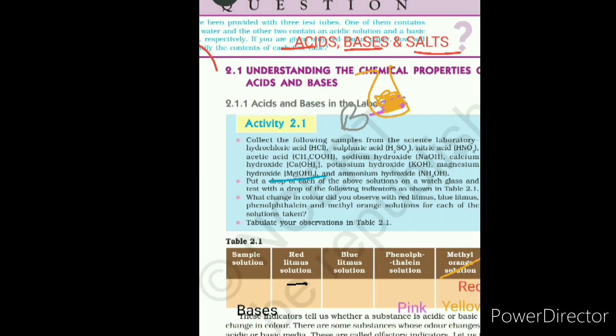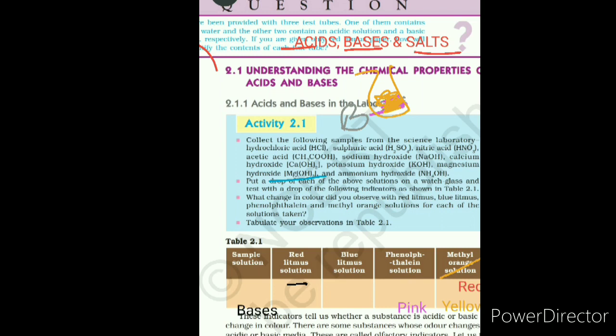But when we add bases, sodium hydroxide, the smell of the clove will vanish.